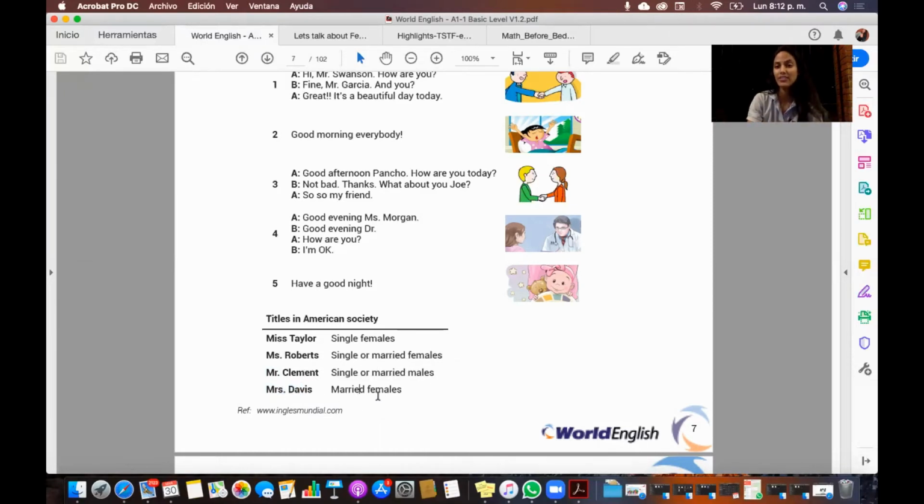Davis, that is for married females, mujeres casadas, para mujeres casadas. Also, when you don't know the surname or the last name of a woman, and that woman is like in her 30s, you call her ma'am, okay?